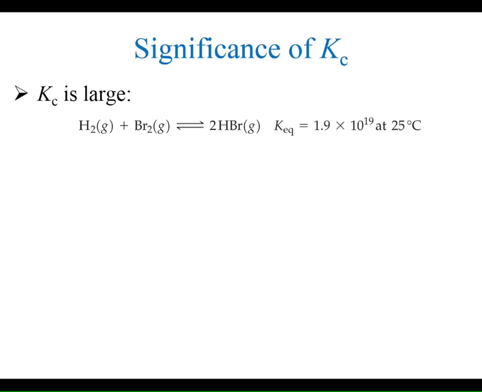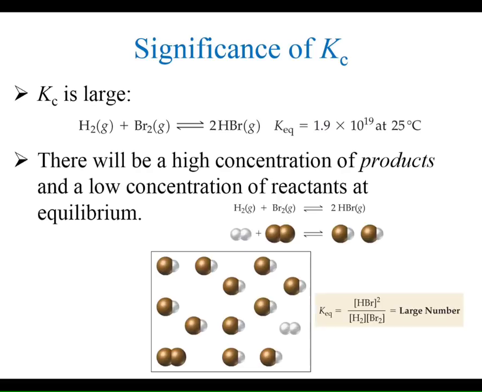Because the number on top must be huge, and the one on the bottom must be really small. So if K is large, the reaction is way favoring products. It is going largely in the forward direction. A K that's larger than 1 means more products than reactants.